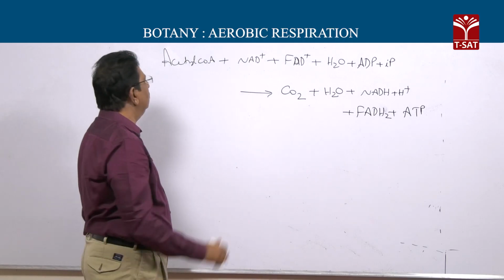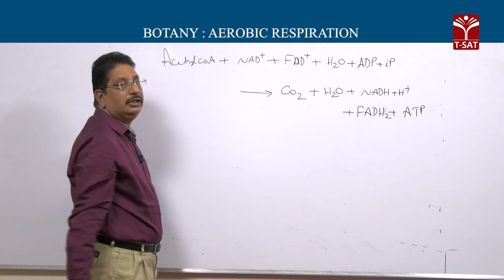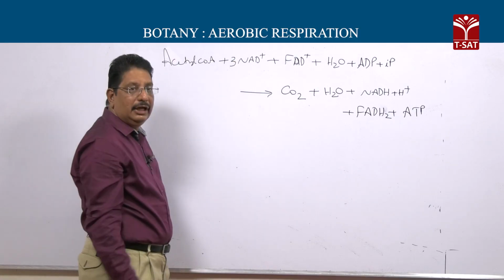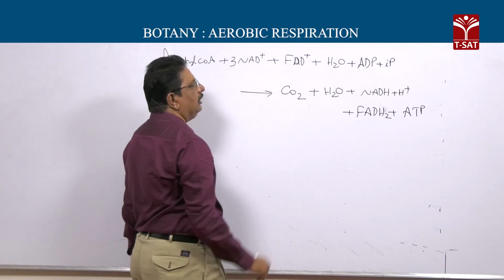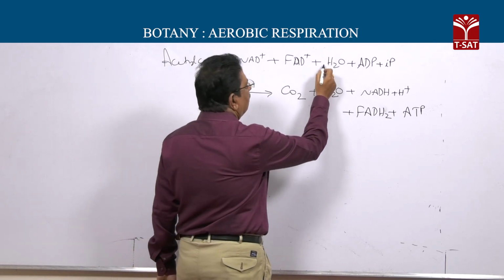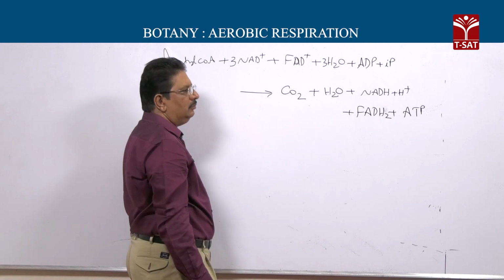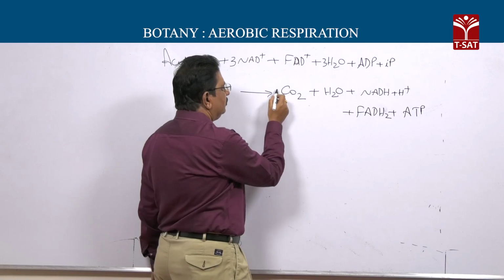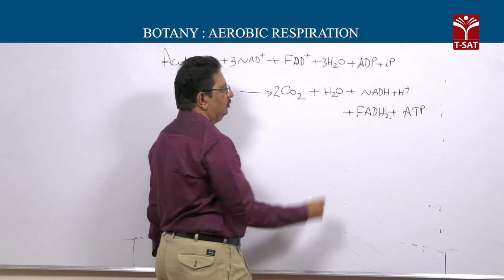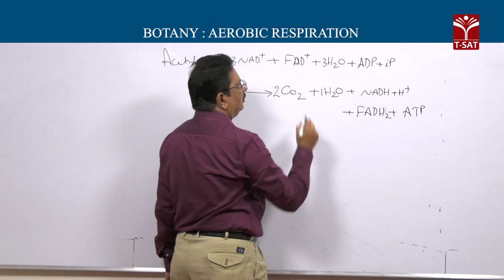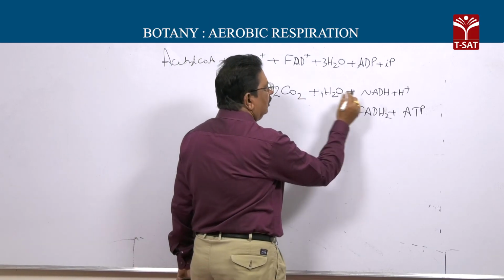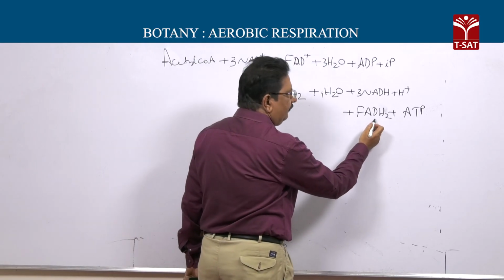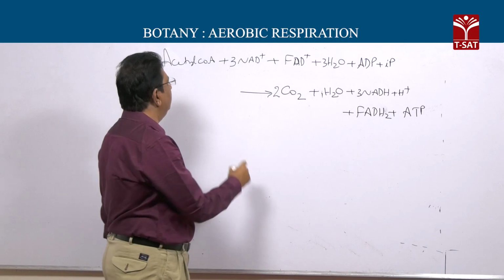So one molecule of acetyl coenzyme A participating in the TCA cycle requires 3 NAD plus and 1 FAD plus, and consumes 3 water molecules and 1 ADP, and forms 2 CO2, 1 H2O, 3 NADH plus, 1 FADH2 and 1 ATP.